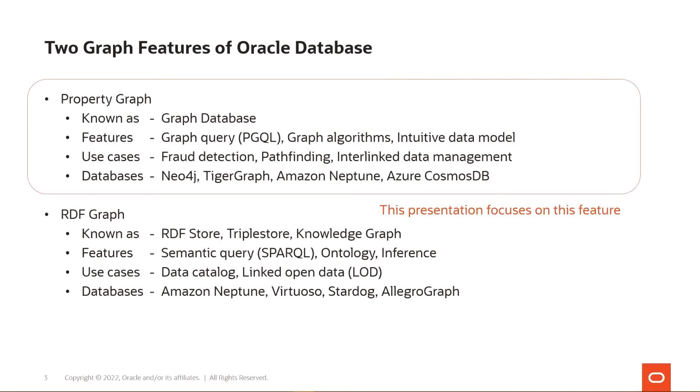As part of the property graph support, we have a graph query language. We are going to look at how this looks and how you put your queries, and what kind of results those queries deliver during the presentation. I also have some samples included in the slides.